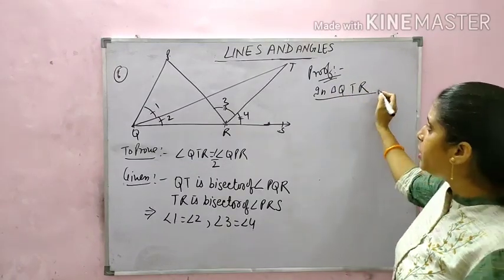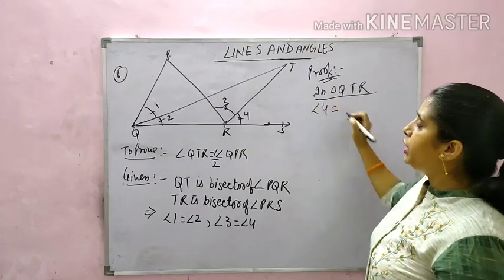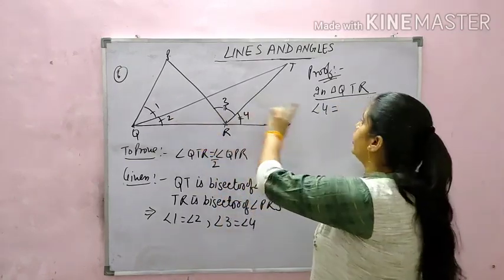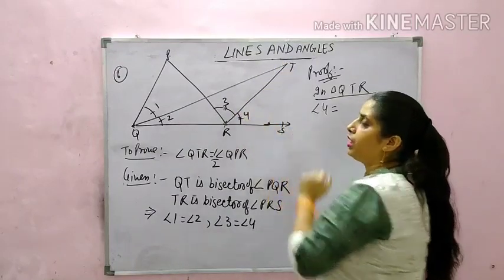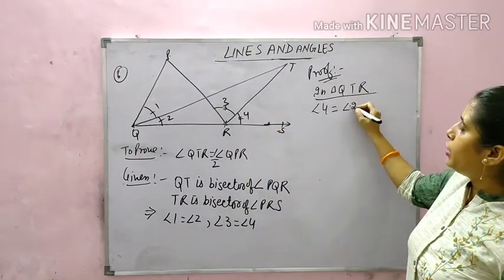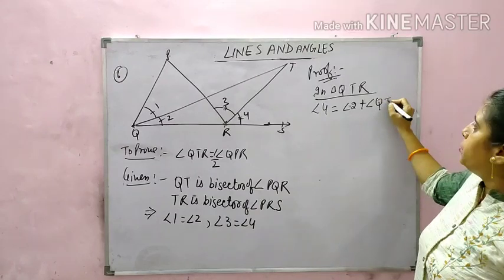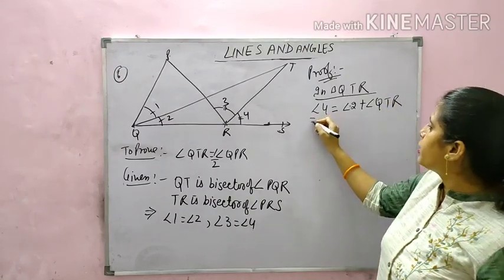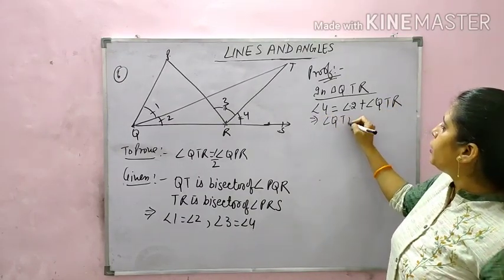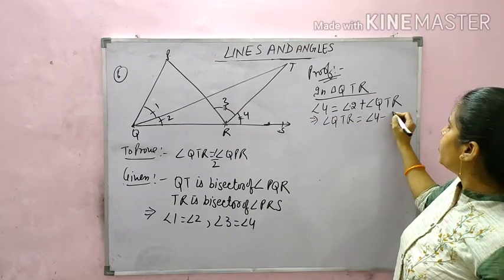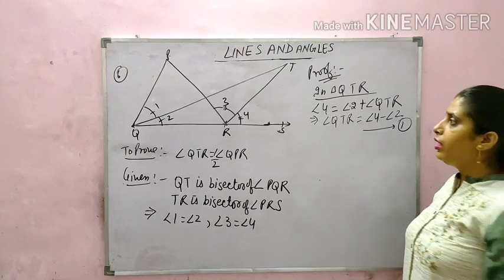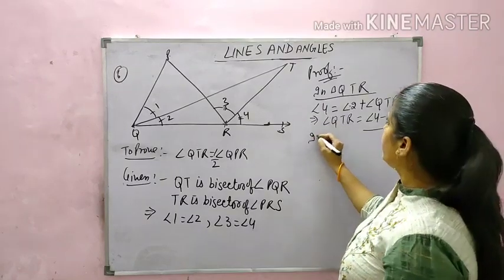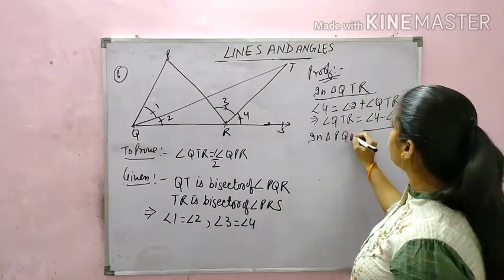In triangle QTR, angle 4 equal to the sum of the opposite two angles, which is equal to the exterior angle. It means angle 2 plus angle QTR, which implies that angle QTR is angle 4 minus angle 2. Equation number 1. Clear?